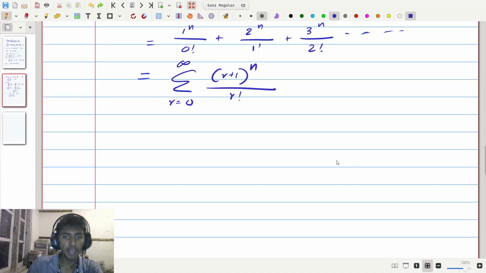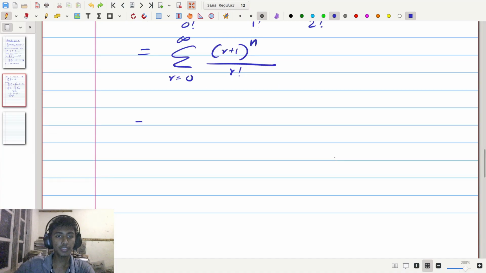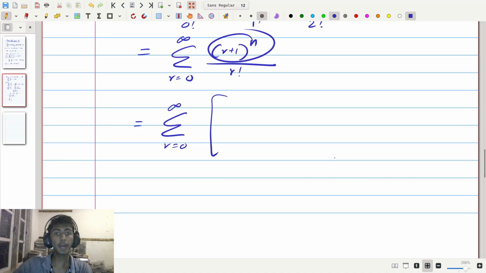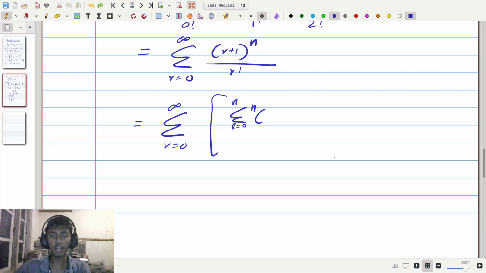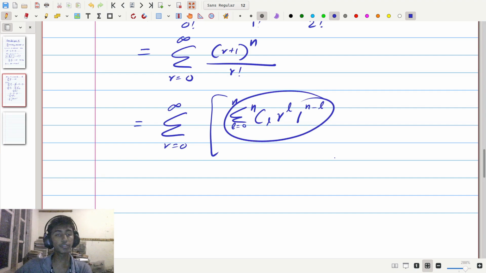So using the binomial expansion, if we substitute into here, we get the sum from r equals 0 up to infinity of all the terms which are of the form on the top. We have the binomial expansion of this, which is going to be the sum from, we can't use r here since r is already used as the counting variable for this sum, so we'll use L, L equals 0 up to n of n choose L of r to the power of L times 1 to the power of n minus L. Now in this case, 1 to the power of n minus L is always going to be 1, so we can cancel it out, since multiplying by 1 gives the same exact thing.